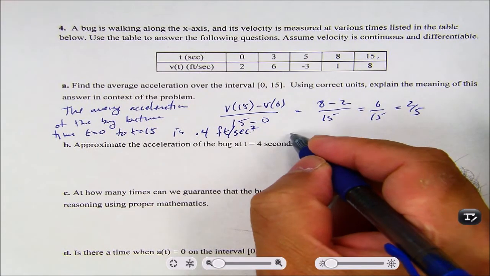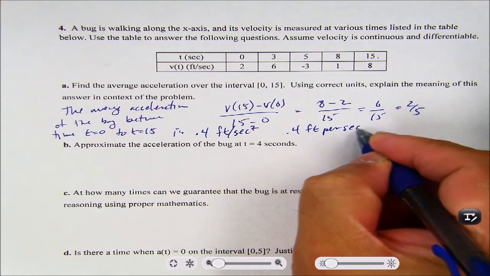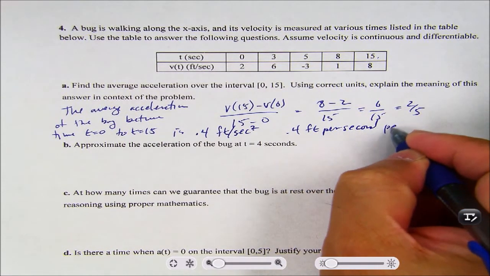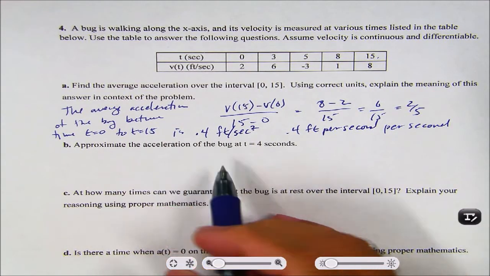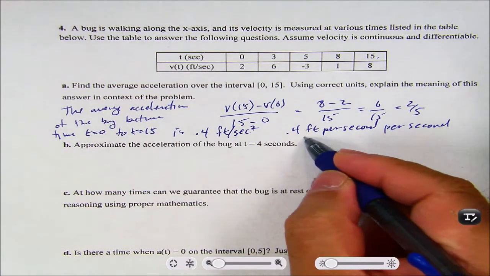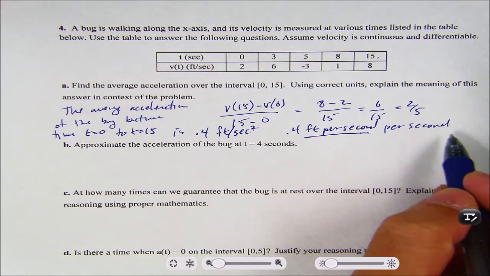Or you can say it's 0.4 feet per second per second. Right, that's what a second squared would be. But it's basically, the acceleration is 0.4 feet per second per second.